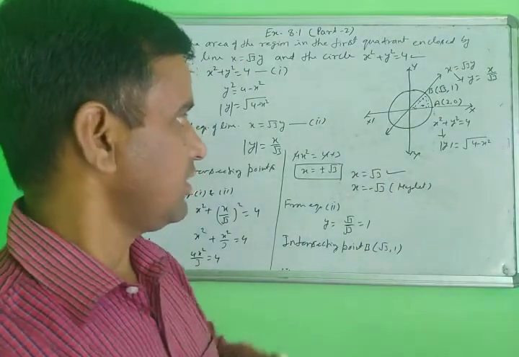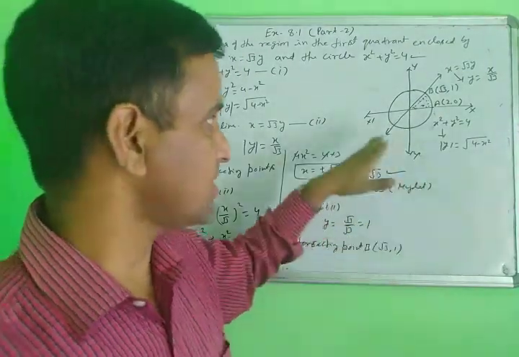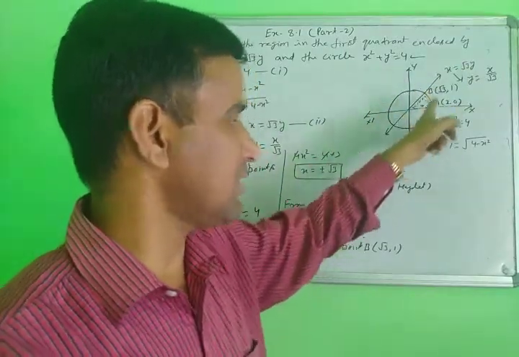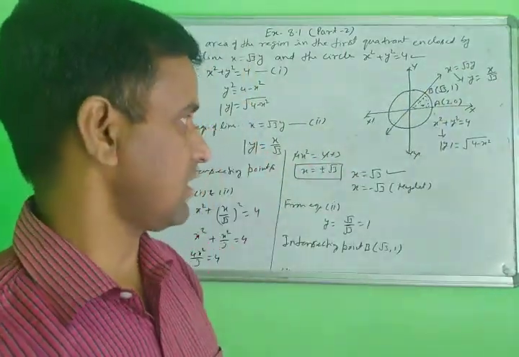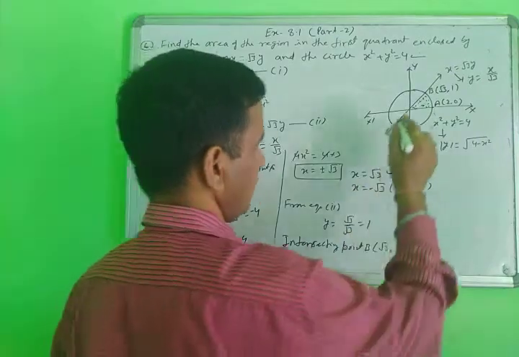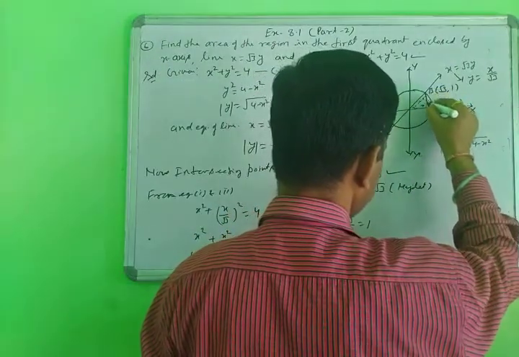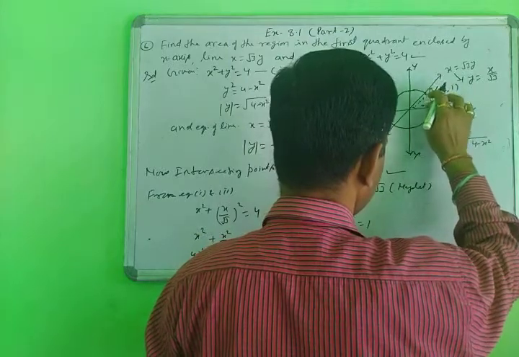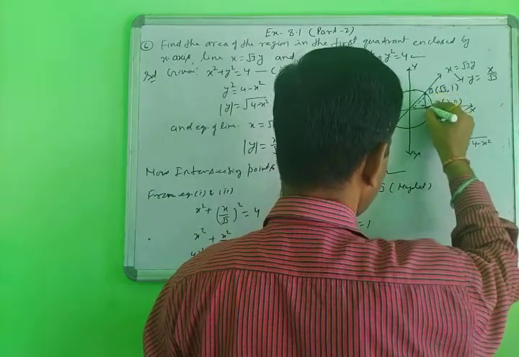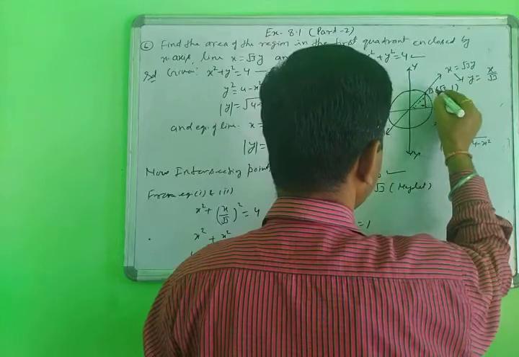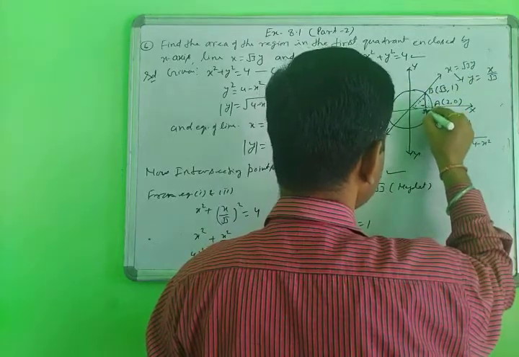Now look here. You have two types of curve. One is the straight line, second you have the circle. So how to find the area here? You will draw the straight line here, it means the value of x is equal to root 3.